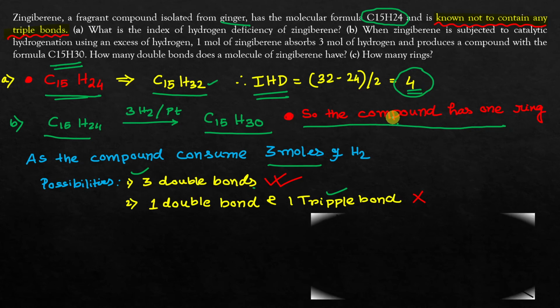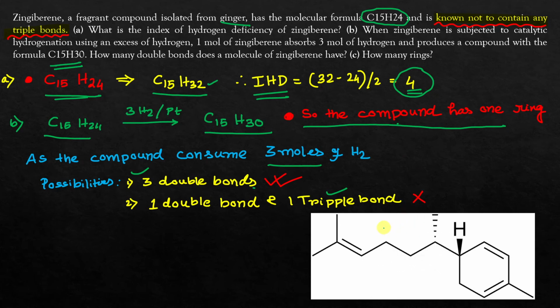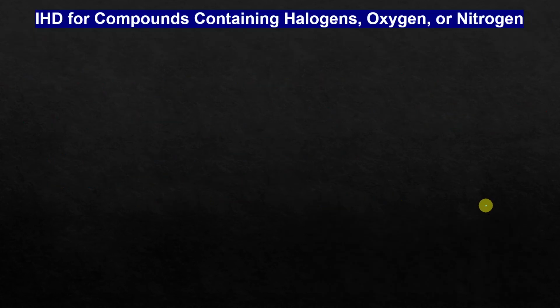Now let's see the structure of this zingiberine compound. You can see this is the structure where it contains 1, 2, 3 double bonds and 1 ring. Okay, so this is the way you could solve this problem.